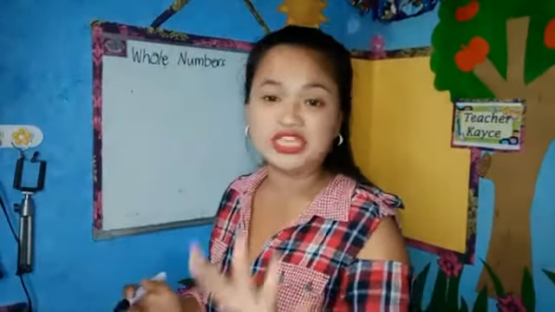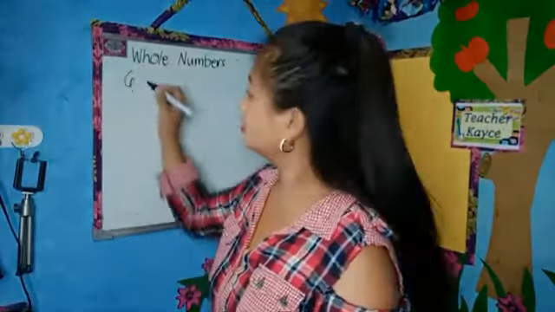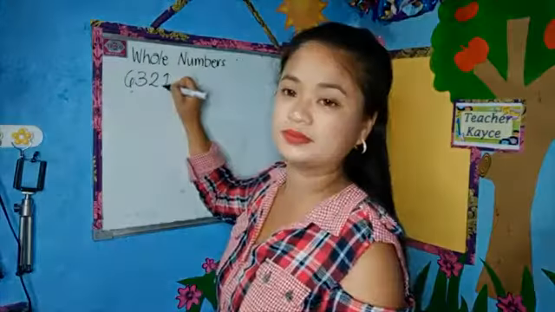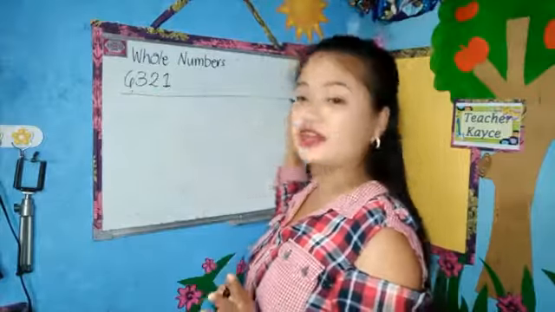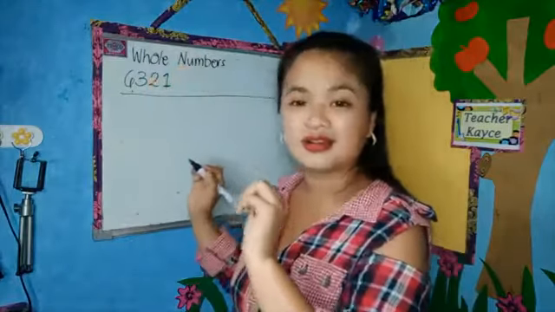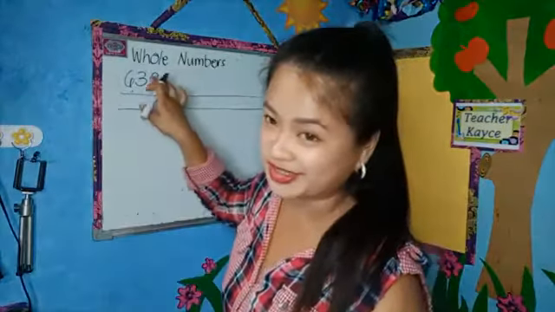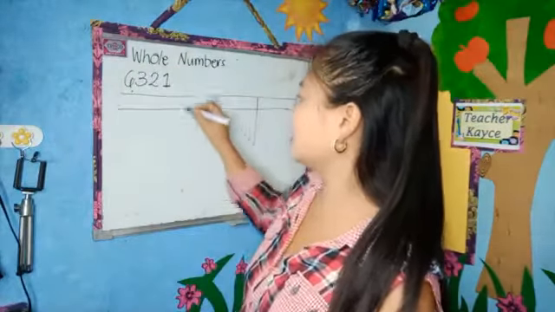Let's try another example. How about if we have 4 digits? We have 6, 3, 2, and 1. Again, for the place value, we are going to have 4 columns because we have 4 digits here. So 4 columns.